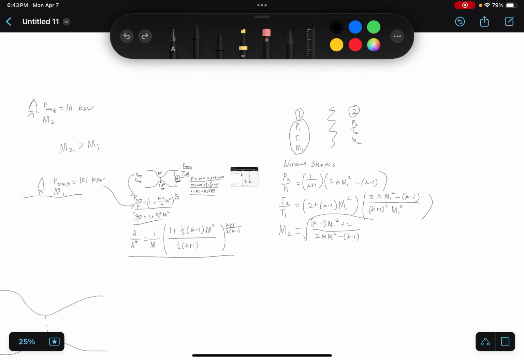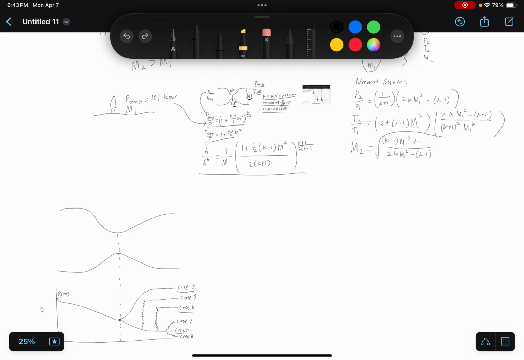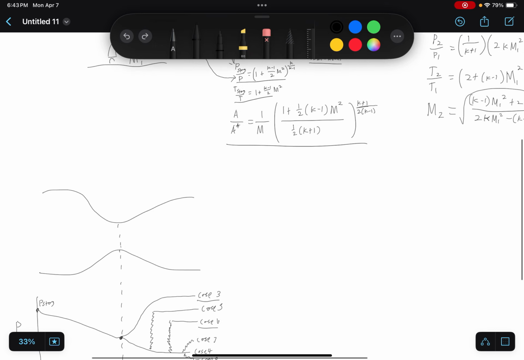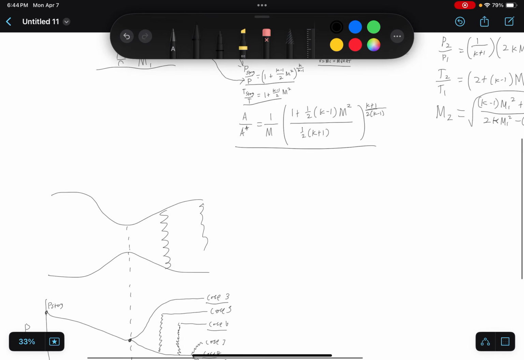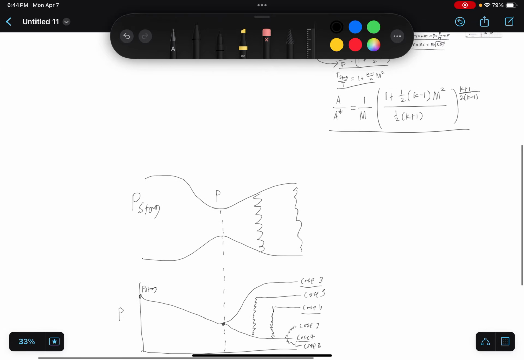So the way this works is, before I mentioned it's possible to have a normal shock in the exhaust and right at the end. So why would it be in the exhaust? So here you have P stag, and here you have P star, and here you have P ATM.